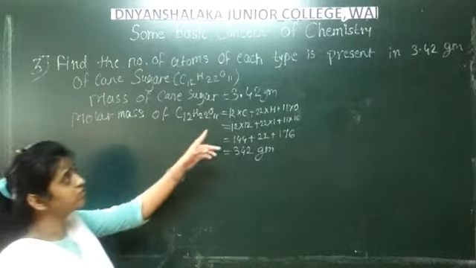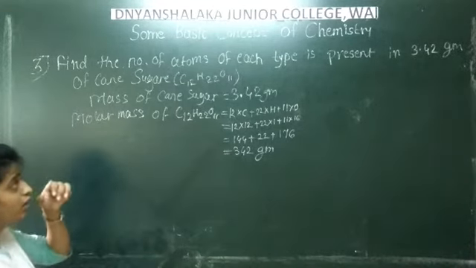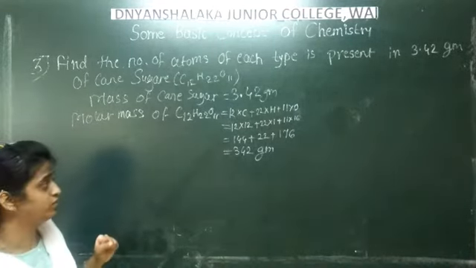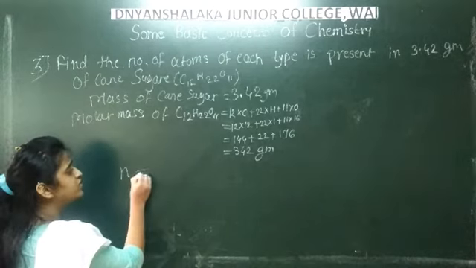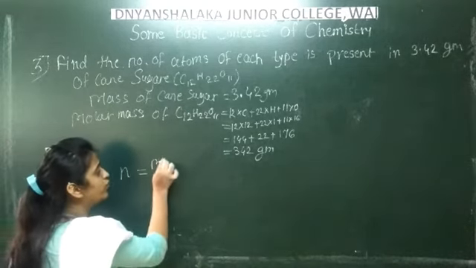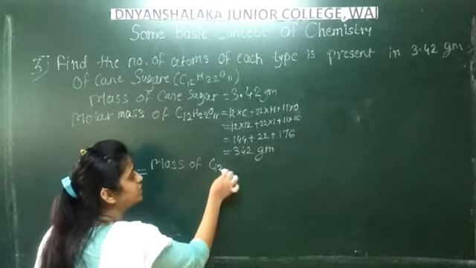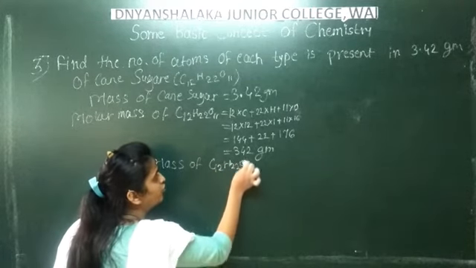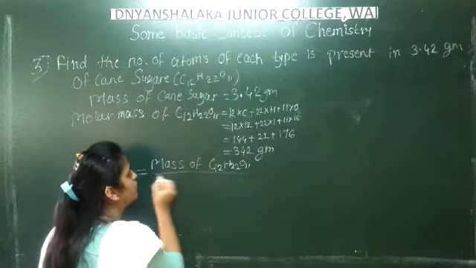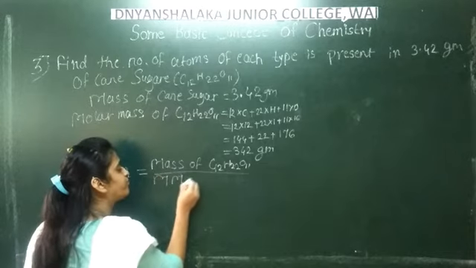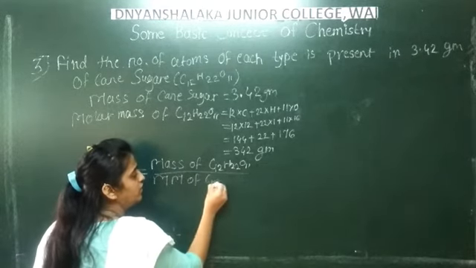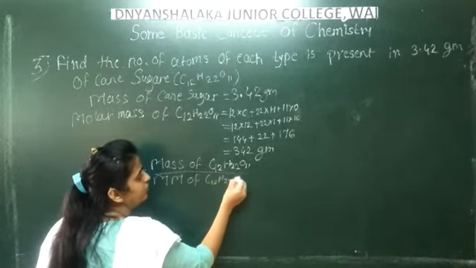Using these two values we first have to find the number of moles. The number of moles is the given mass of cane sugar, C12H22O11, upon the molar mass of C12H22O11.